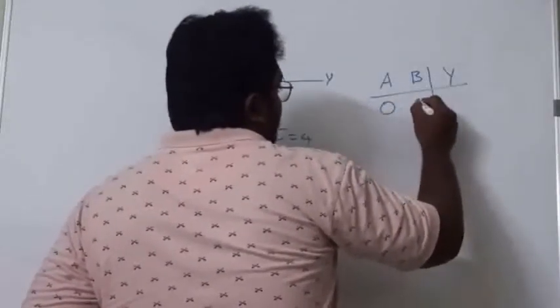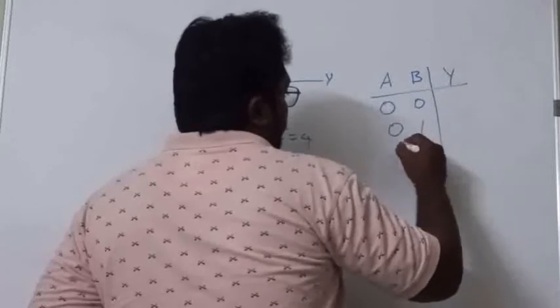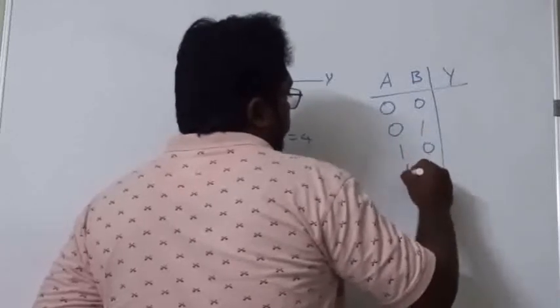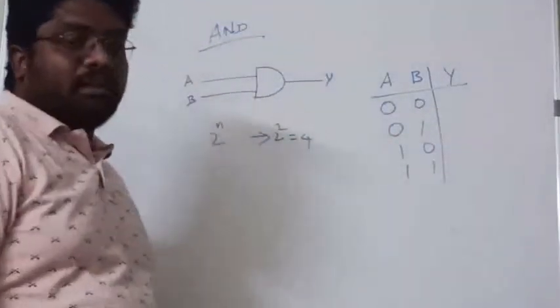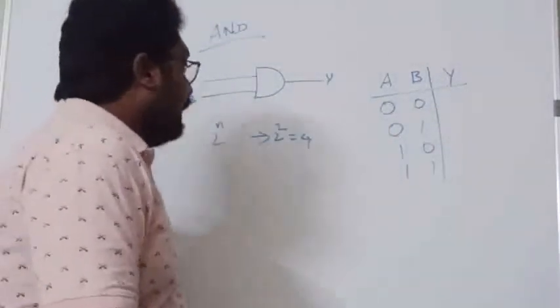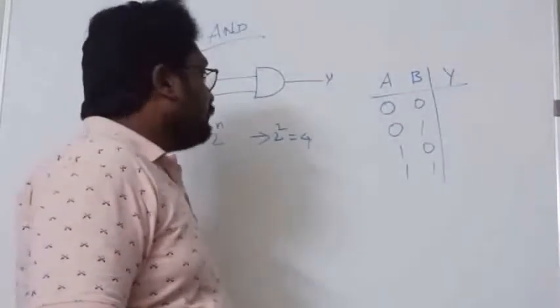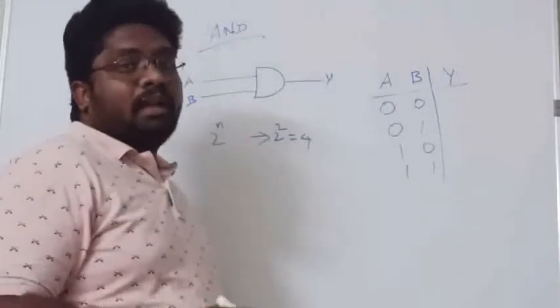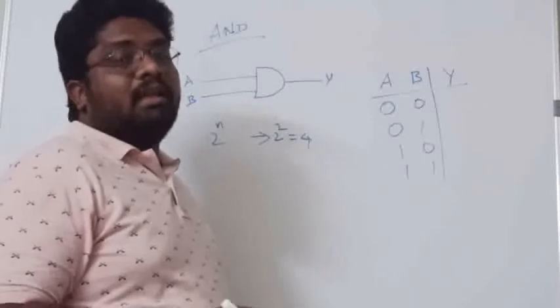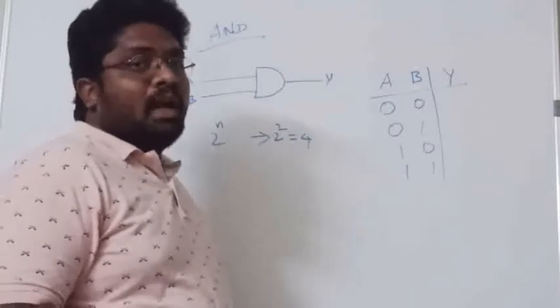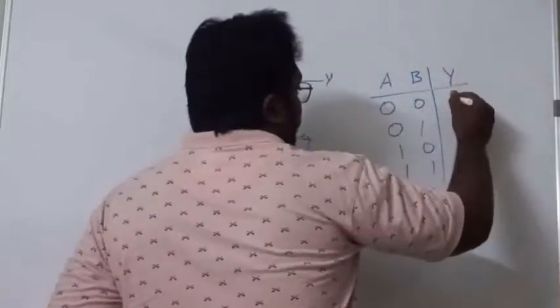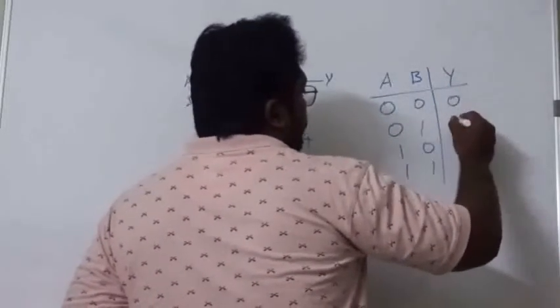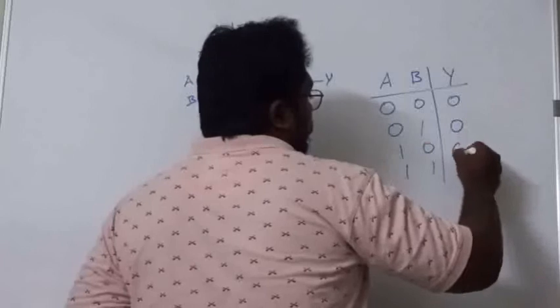I write them as 00, 01, 10, 11. In this AND gate, if all the inputs are ones, then the output will be 1. Otherwise the output will be 0. So if I give 00, the output will be 0; 01, the output will be 0; 10, the output will be 0.